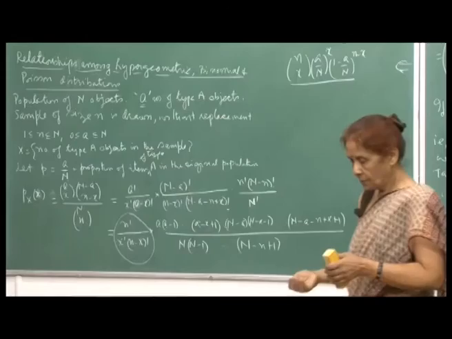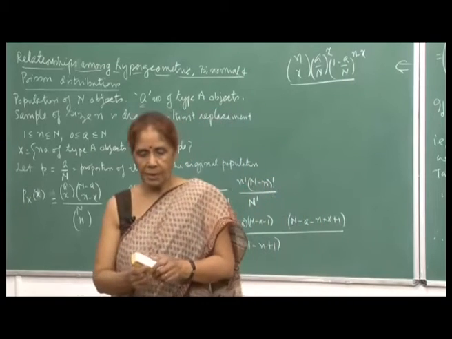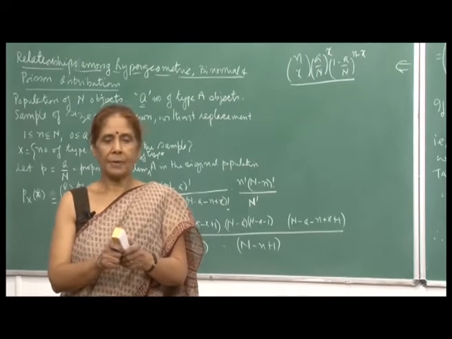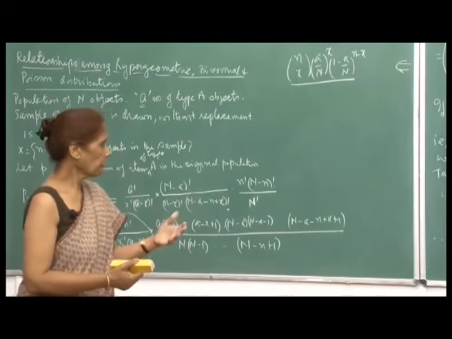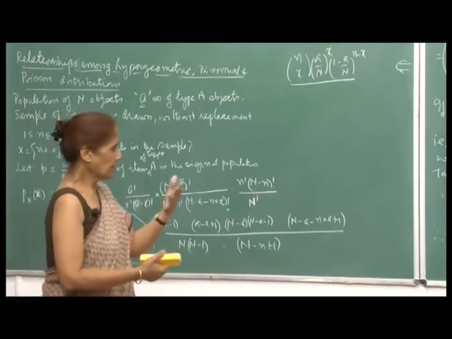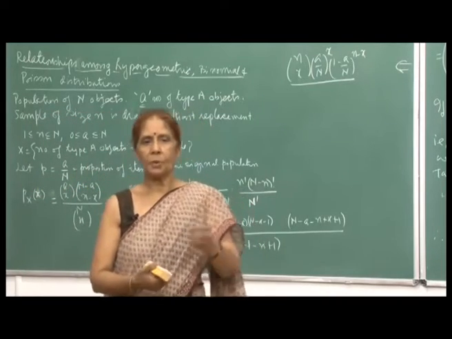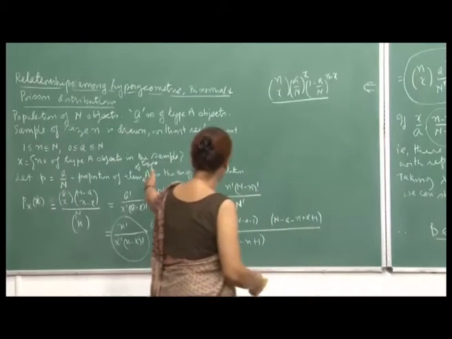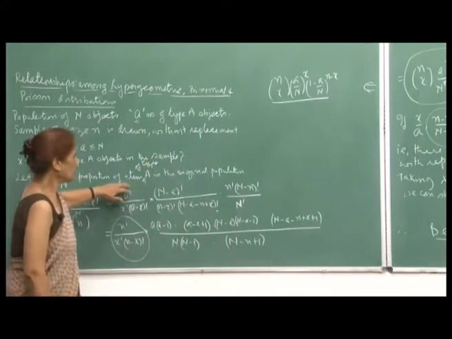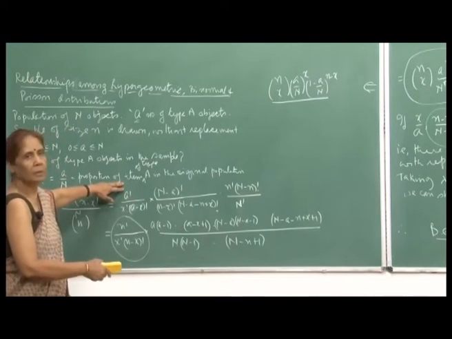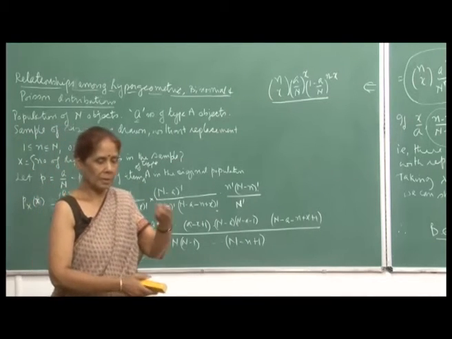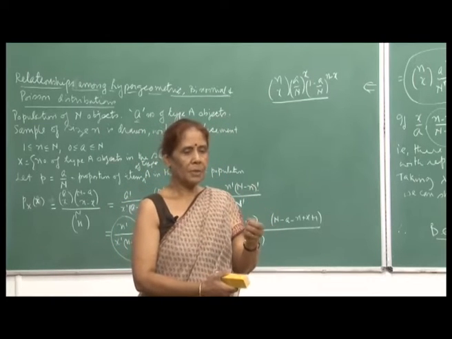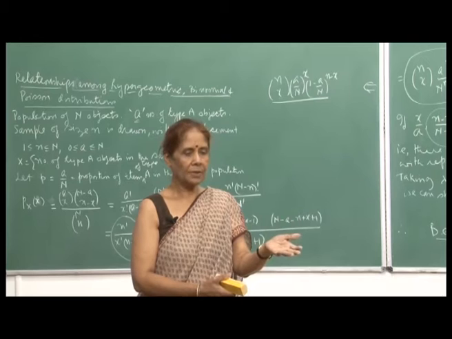Now, I probably should have pointed this out here. When we conduct the binomial experiment, we say that the trials occur independently and you keep counting the number of successes. So, in other words, in this situation, the binomial experiment would be when you are replacing the balls, because getting a white ball is a success, and so in the binomial situation you replace the ball that you have taken out.